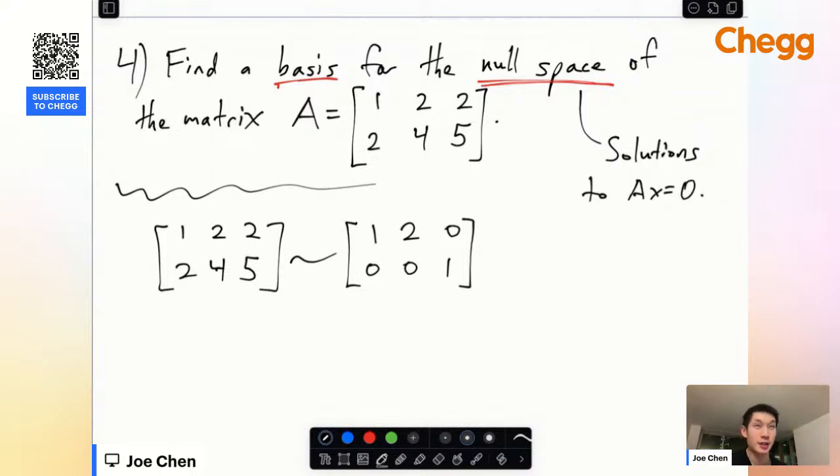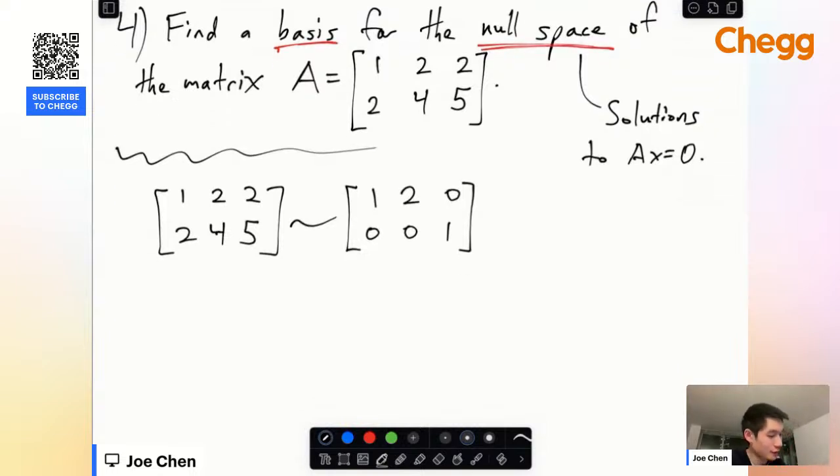This is something that perhaps we have seen before. Remember that this corresponds to the equations, if I call my variables x, y, and z, since there are 3 of them, x plus 2y equals 0, and z equals 0. How do we do this?